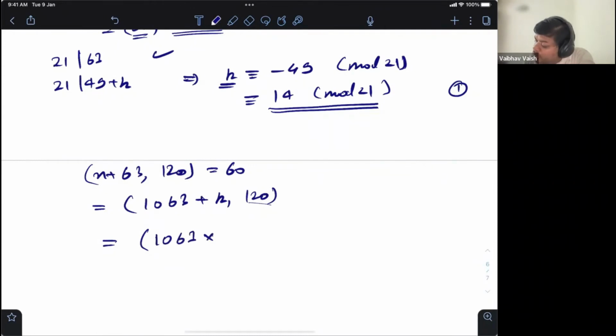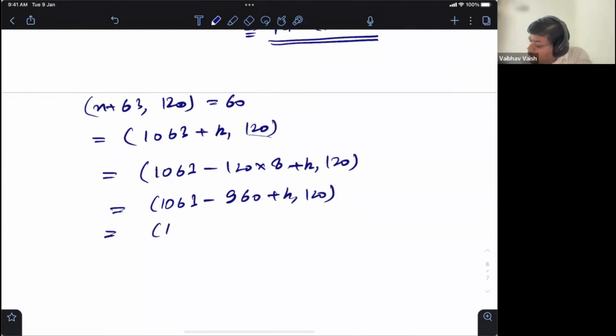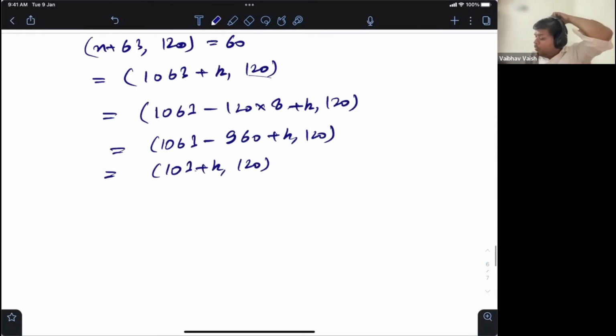So minus 120 times 8 plus k, 120, and this is 1063 minus 960 plus k, 120, and this becomes 103 plus k, 120.